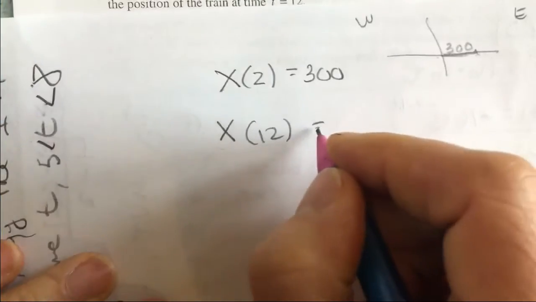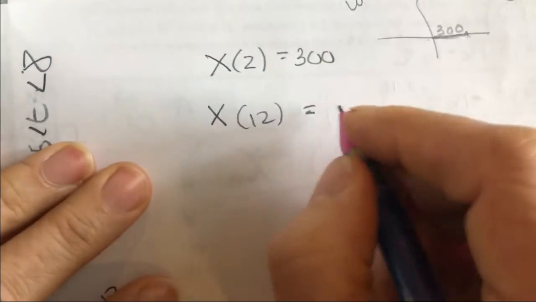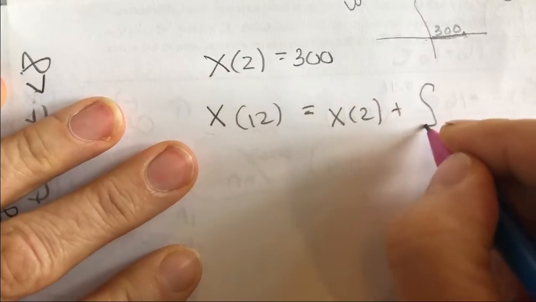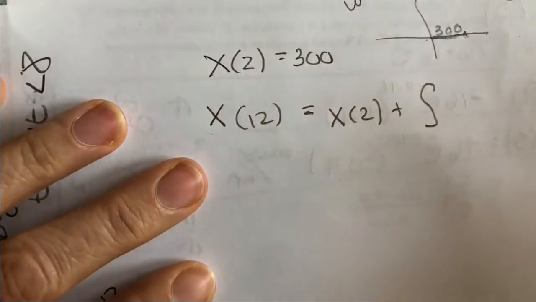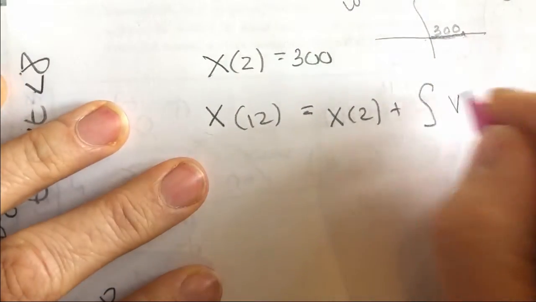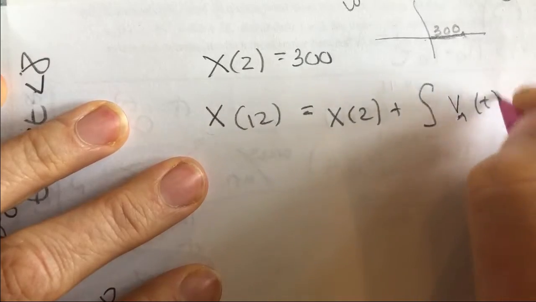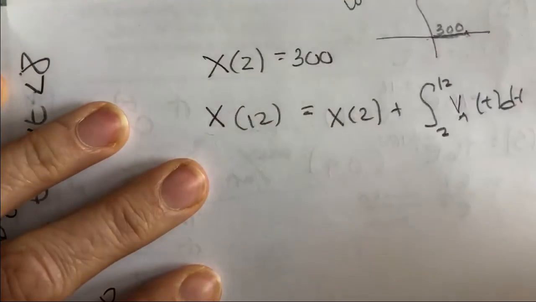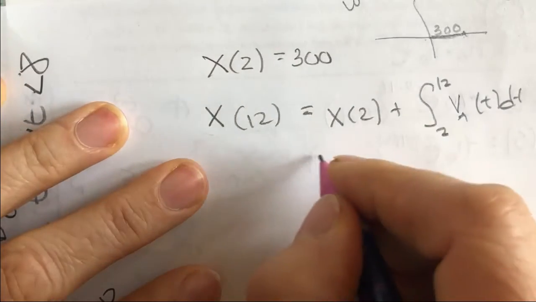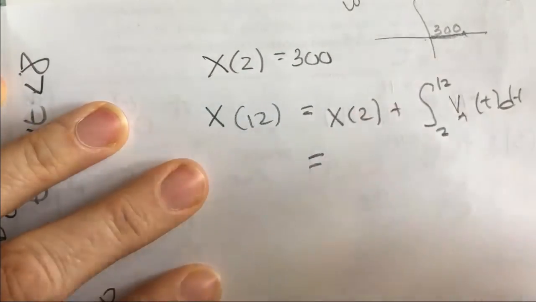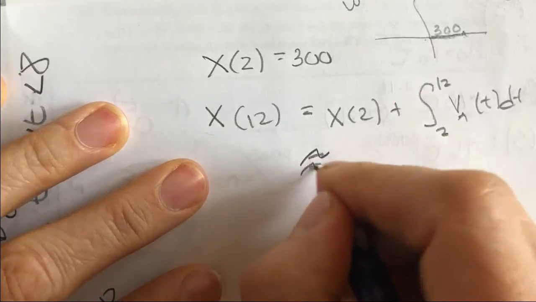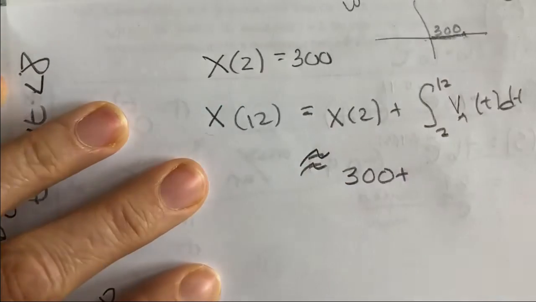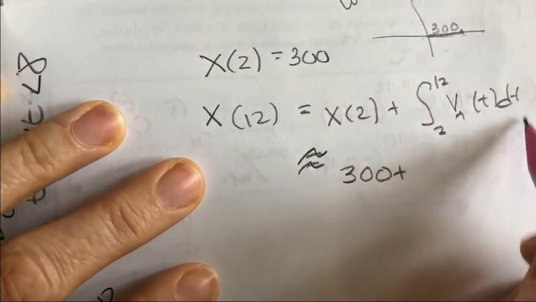The position at time 12 is the position at time 2 plus the change in position, which you get by integrating the derivative of position, which is the velocity, from time 2 to 12. So we take the position at time 2, which is 300, and then the part that makes an approximation is this.